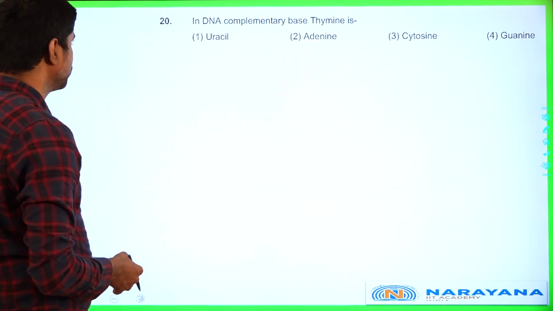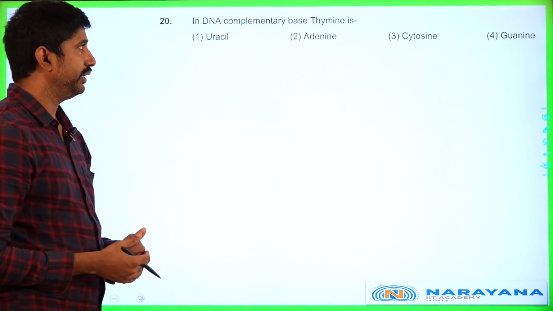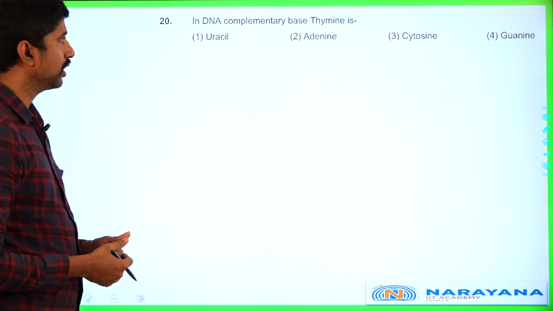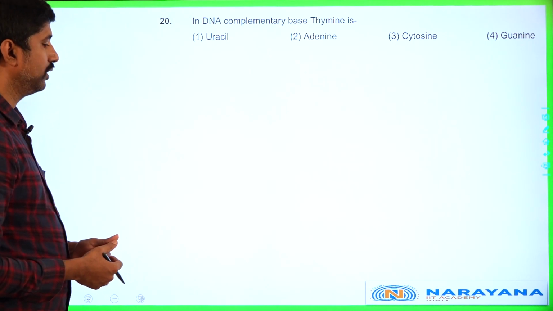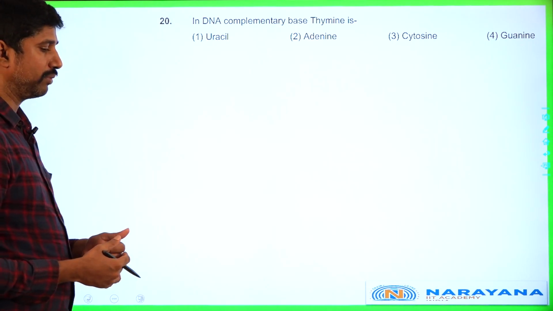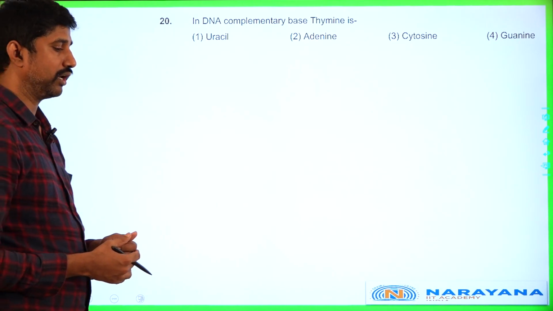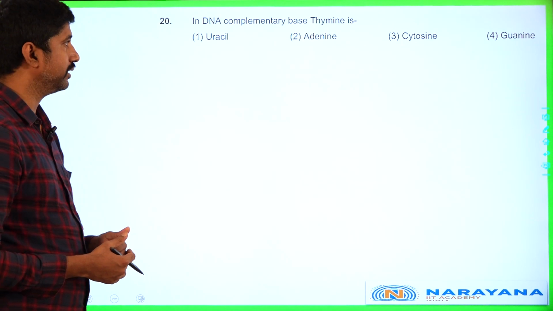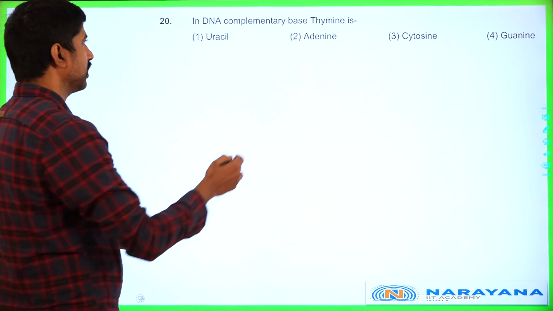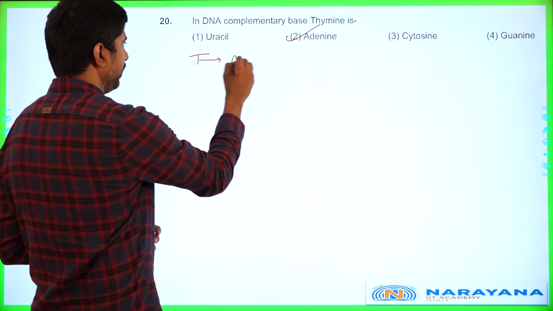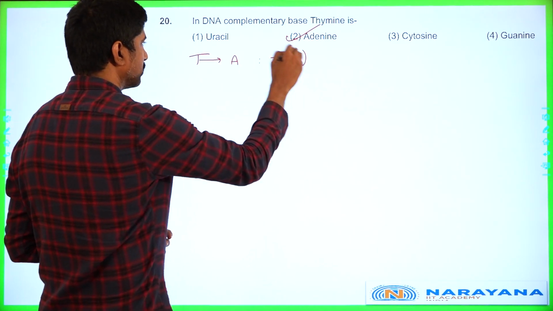Let us see question number 20. In DNA, the complementary base of thymine is what? For thymine, the complementary base is adenine. So for T, it is A, and there are 2 hydrogen bonds.